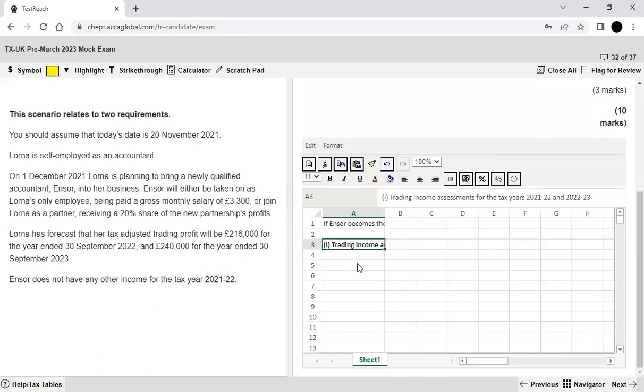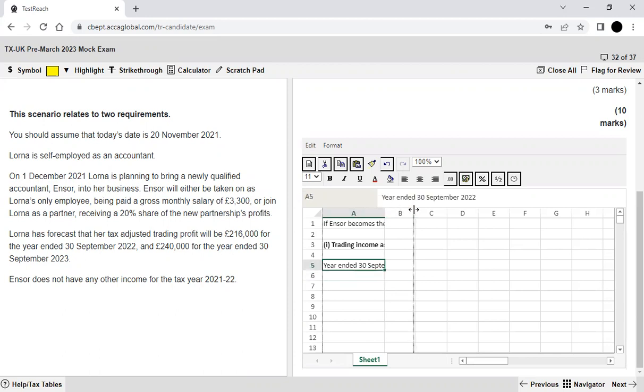Trading income assessments for the tax year 21-22. Trading income assessment would be for the year ended 30th September 22.